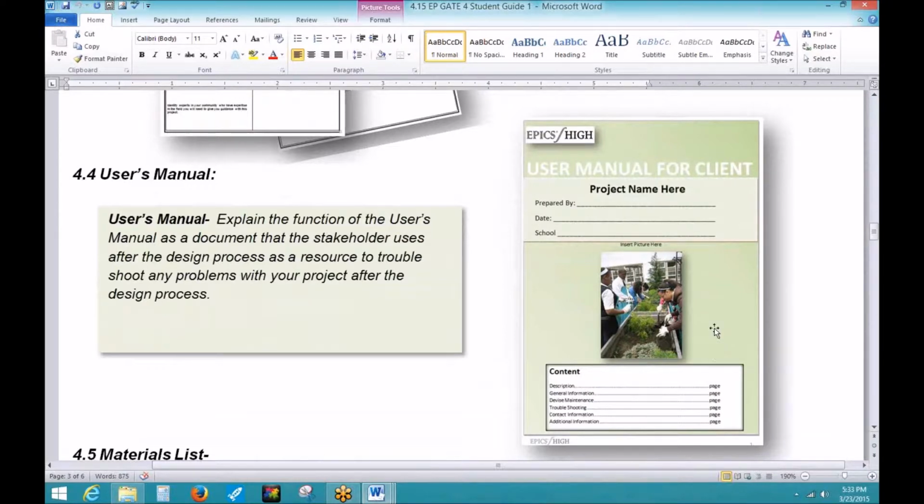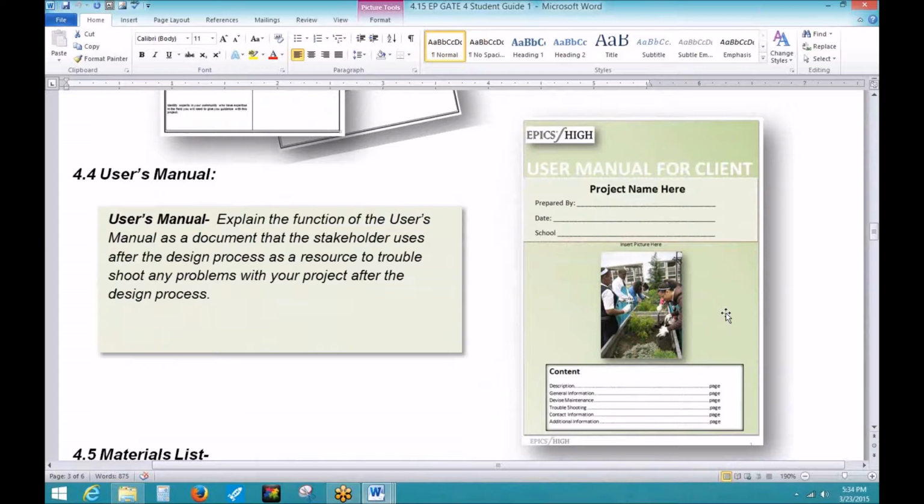What I saw at the college level, the user manuals that I was getting from my kids were pretty poor. So I thought, okay, let's put a template together. This is a template, and again, they don't have to use this. They can use anything they want to, but it puts in there the descriptions, general information, just the basic stuff that is in a user's manual.